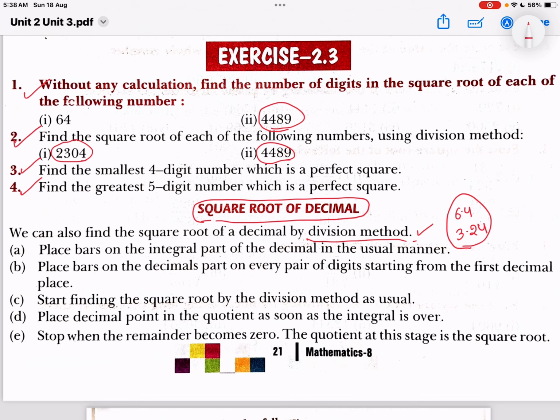In a decimal number, if I talk about this number, then there are two parts. The first part is the left side of the decimal, and the second part is the right side of the decimal. This part is known as the integral part, and this part is known as the decimal part.